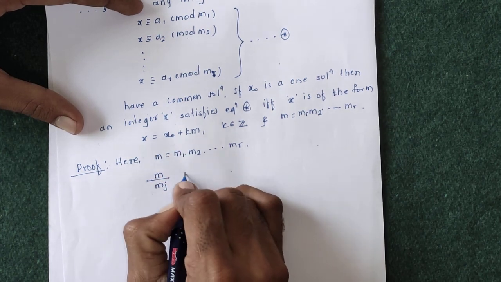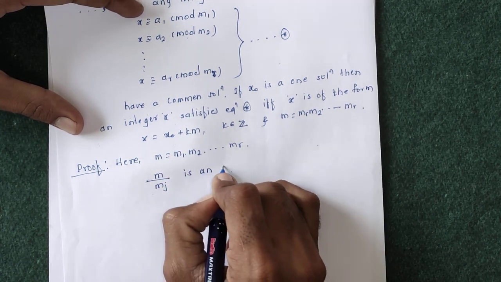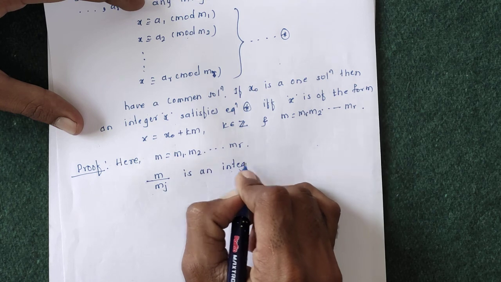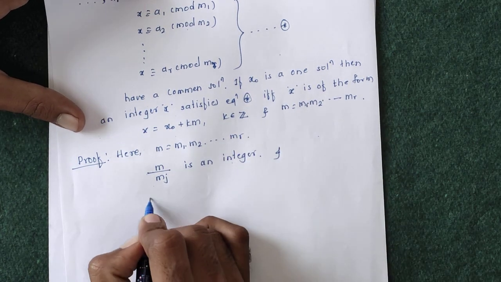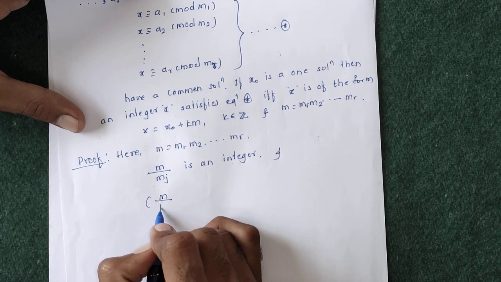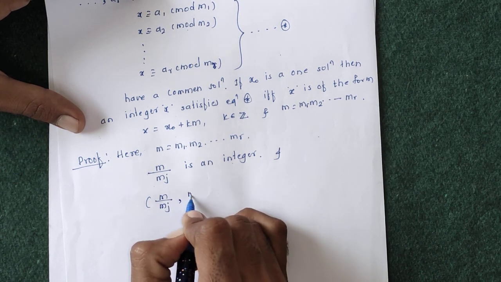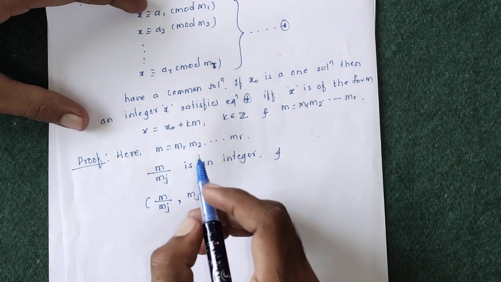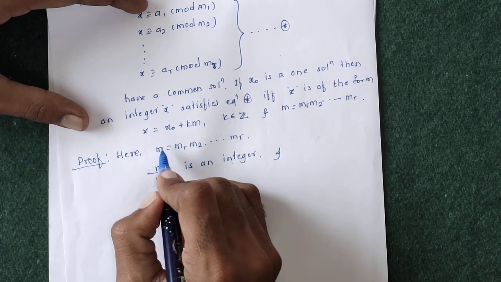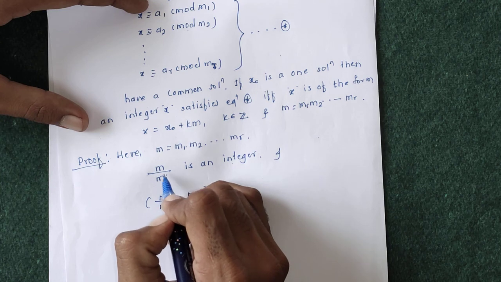So m by mj is an integer, and also if we take the GCD of m by mj with that mj, here m by mj is again an integer.